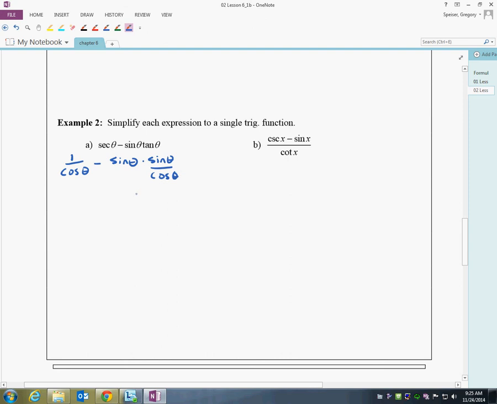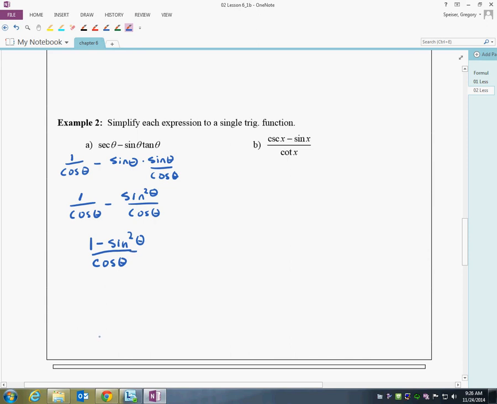Okay, so now I'll get 1 over the cos of theta minus sine squared of theta all over cos theta. I have two terms here with a common denominator, so I can put them in the same fraction with the same denominator: 1 minus sine squared theta.